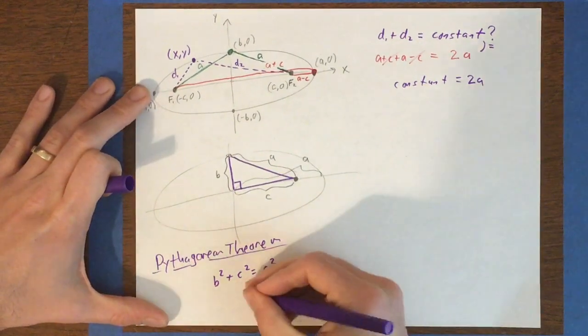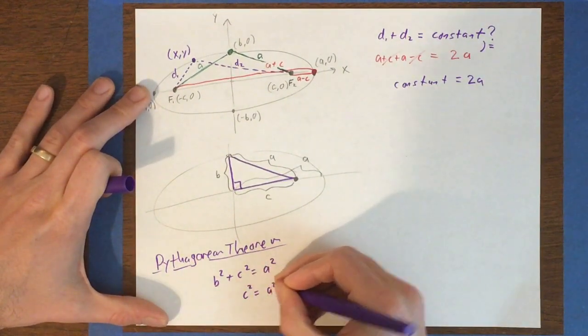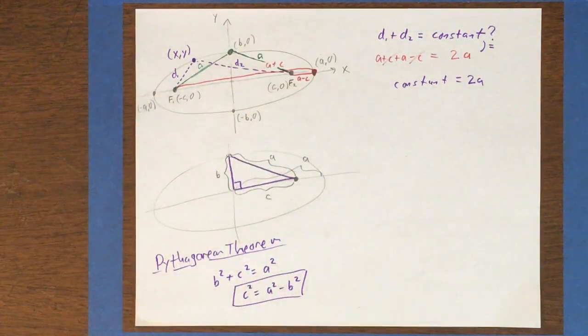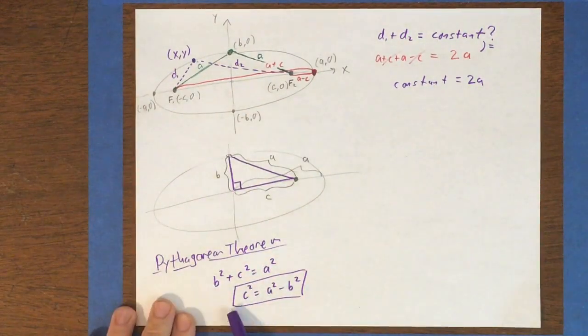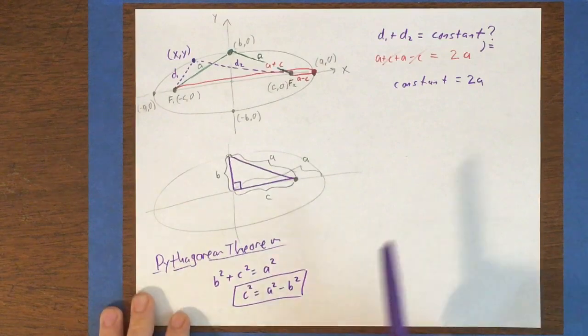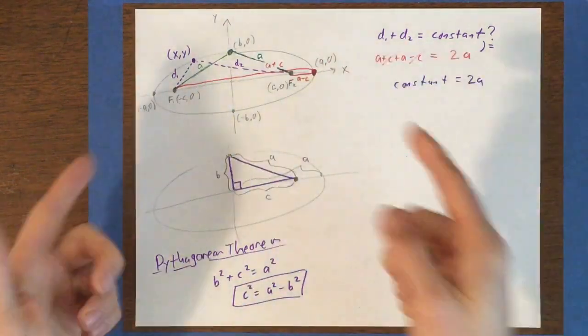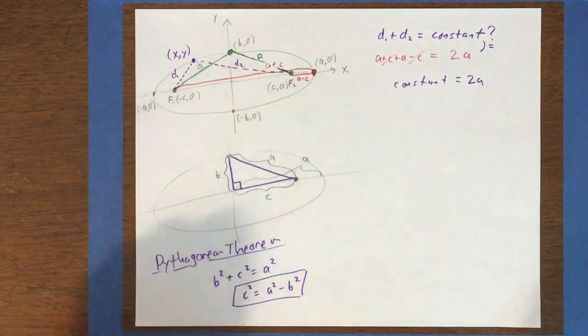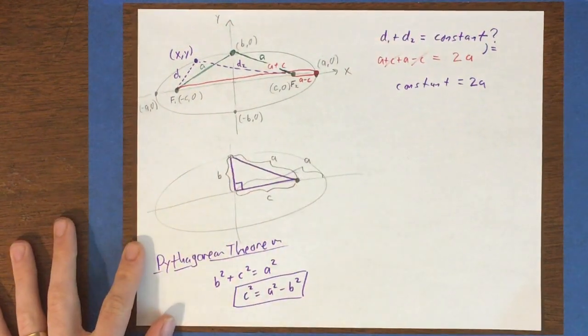Or more commonly, c squared is a squared minus b squared. And that gives us a nice algebraic relationship between the dimensions of the ellipse, the a dimension and the b dimension, and the distance from the center to a focus.